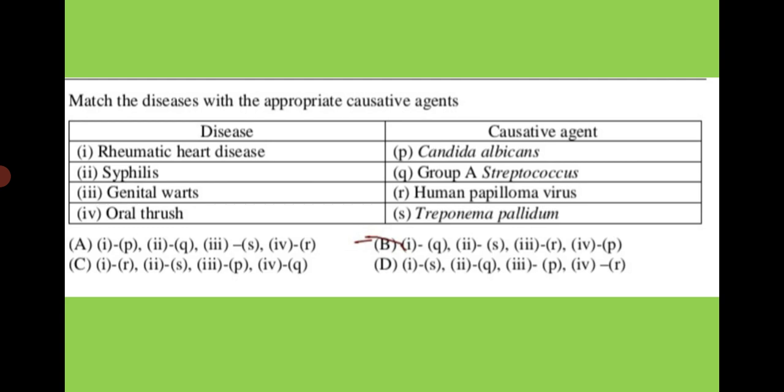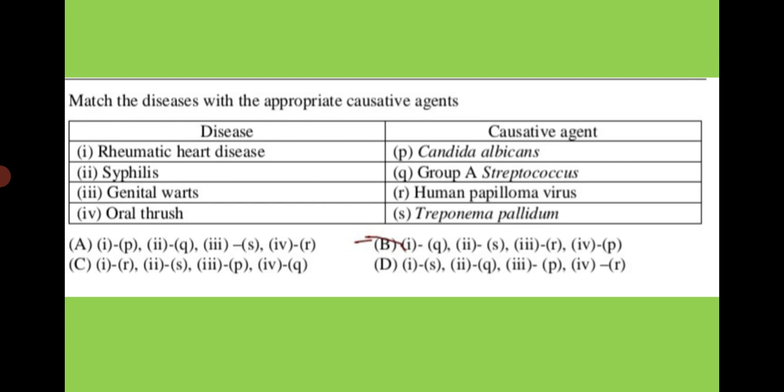Treponema pallidum forms a chancre on the male sex organ, and this Treponema pallidum is a spirochete. Diagnosis of syphilis can be done using the VDRL test. Genital warts is caused by a virus, the human papilloma virus.